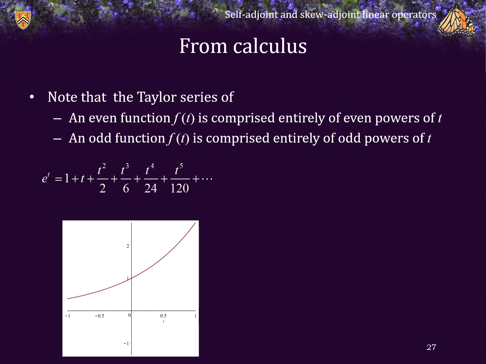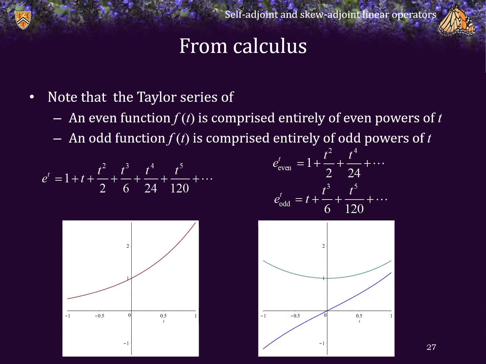However, using the construction from the previous theorem, we can create the even component, shown here in green, and the odd component, shown in blue, and we see that yes, indeed, the even component is comprised entirely of even powers of t, and the odd component only includes those terms from the Taylor series that are odd.